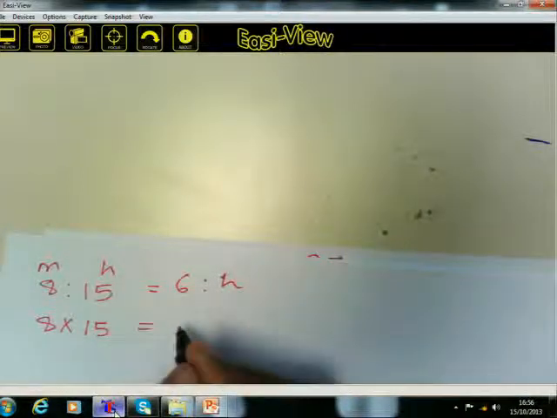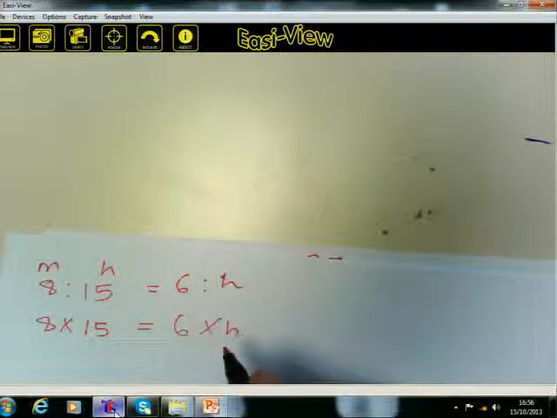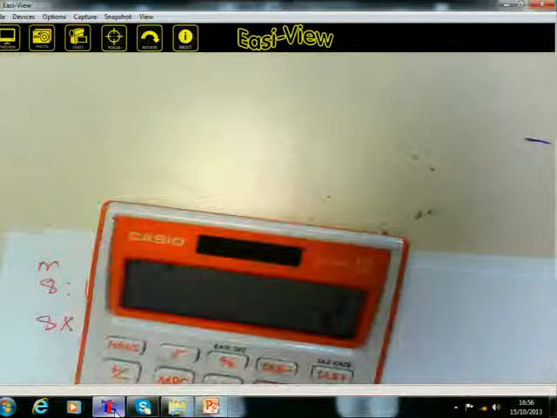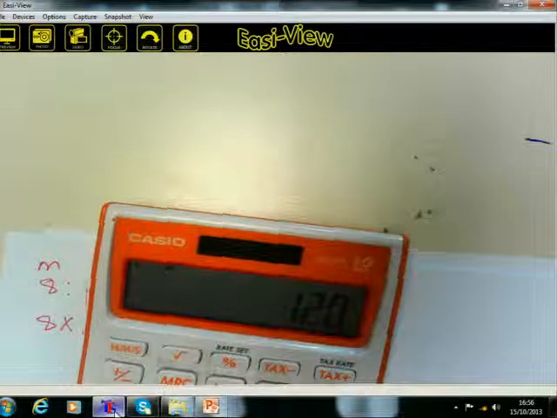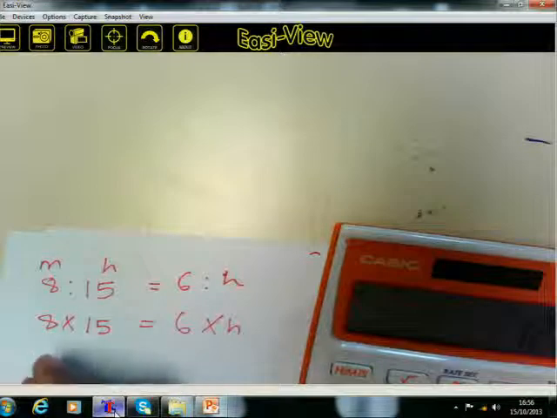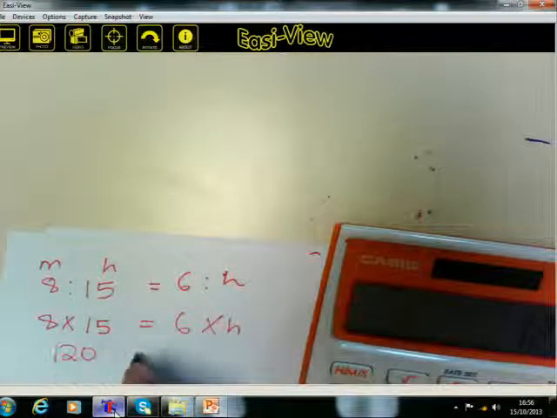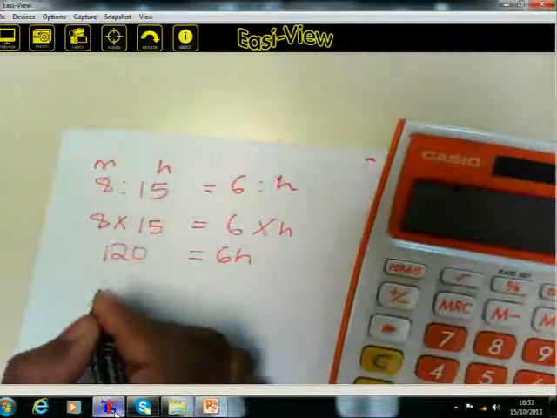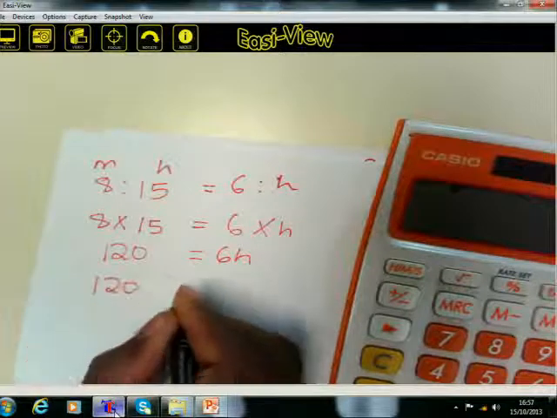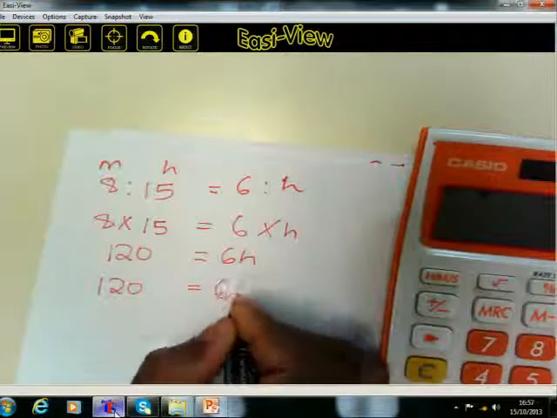So now here we're going to have 8 multiplied by 15 equals 6 multiplied by h. 8 multiplied by 15 is 120, and on the other side 6 multiplied by h is 6h. Let's bring down the 120 equals 6h.